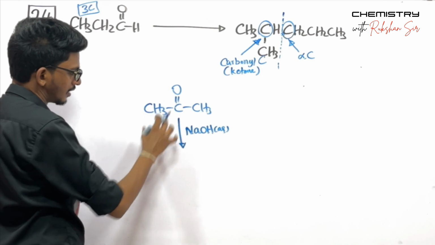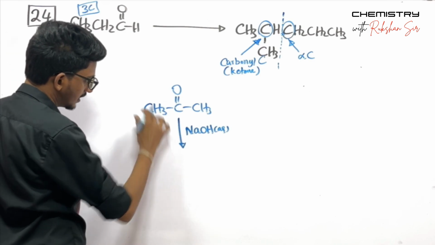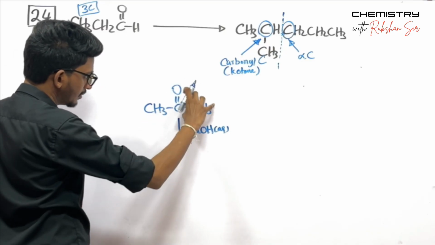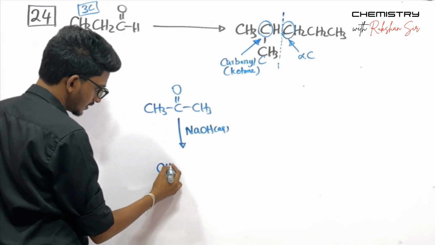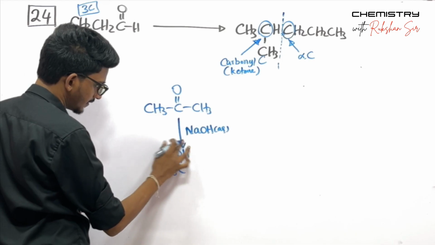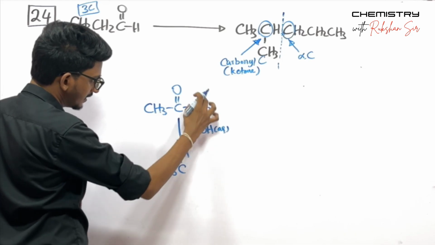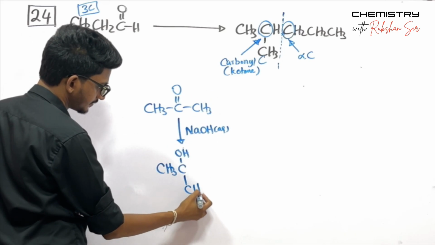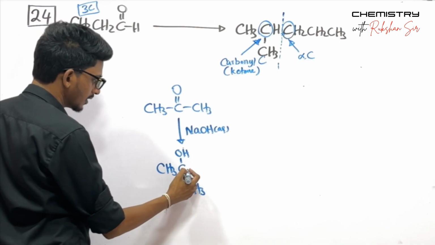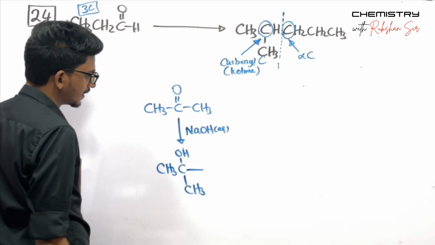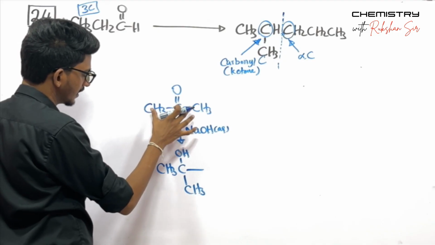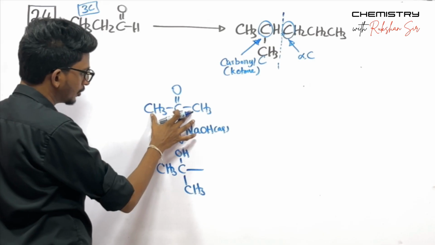Right, let's write the condensation product. Let's write this with an OH here and bend this one like this, CH3 with OH there. To the remaining bond here, just connect the alpha carbon of this compound by removing an alpha hydrogen.